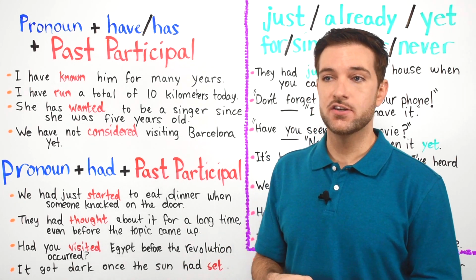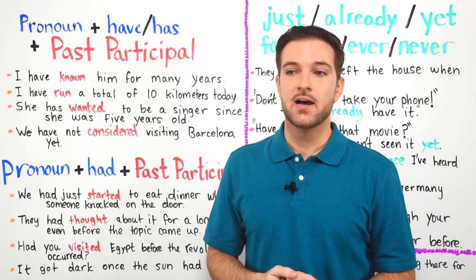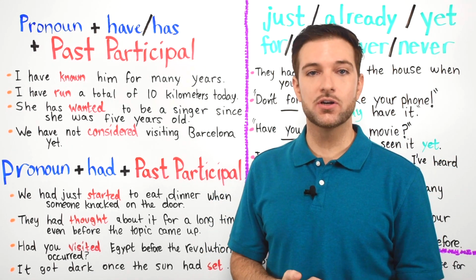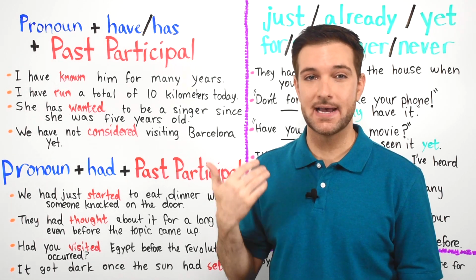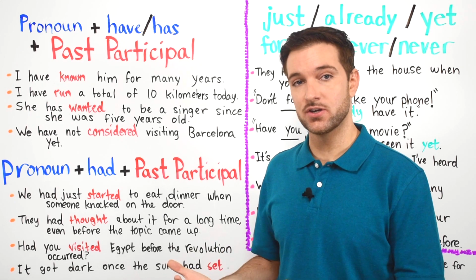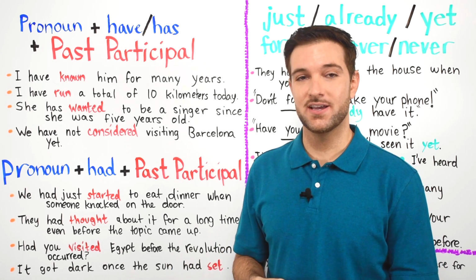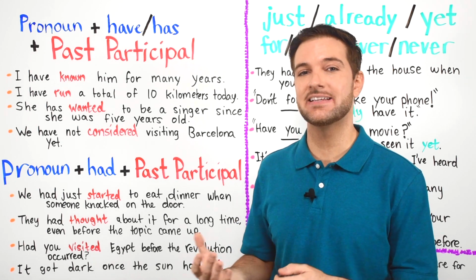Do you remember from the previous example? We had one that said, I saw her at the beach. I saw, that's the simple past. Or you could say, I had seen her at the beach. So I had seen her, that's the past perfect tense. Had seen.